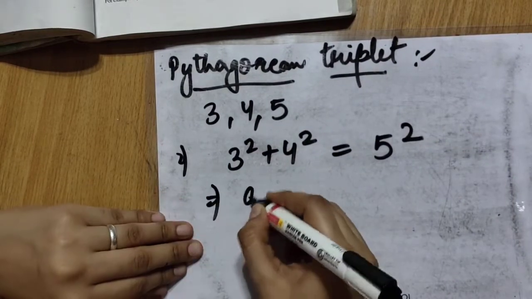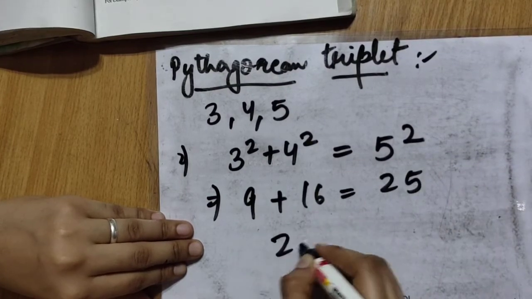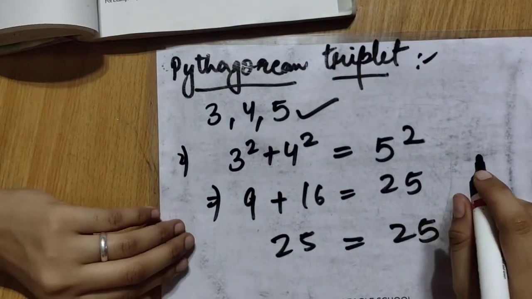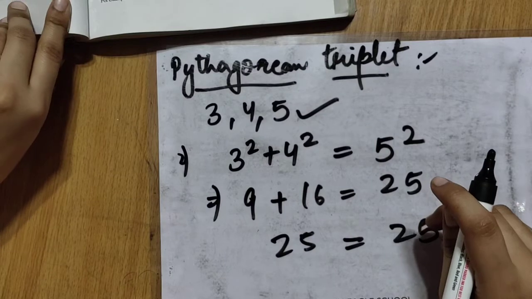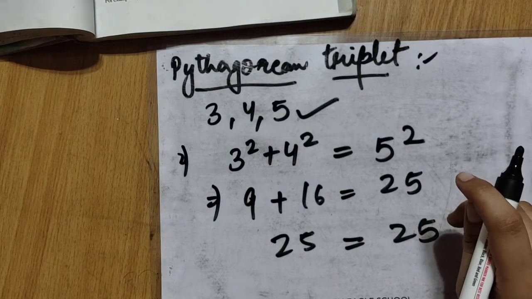That is 9 plus 16 is equal to 25. 25 is equal to 25. So yes, this is a Pythagorean triplet. This is how we are going to find out any other question related to Pythagorean triplet.